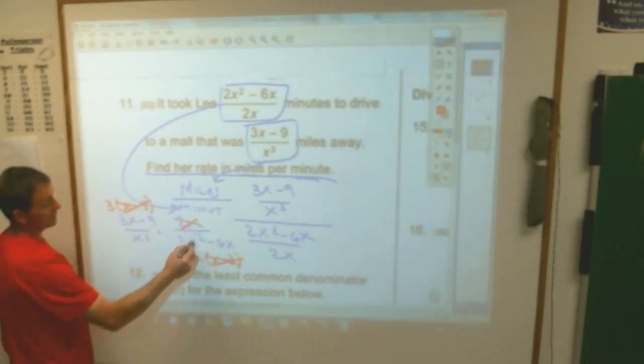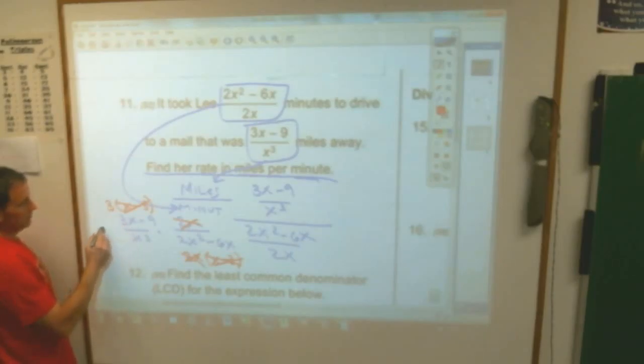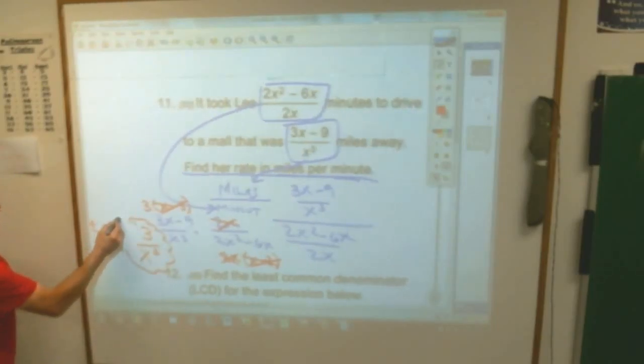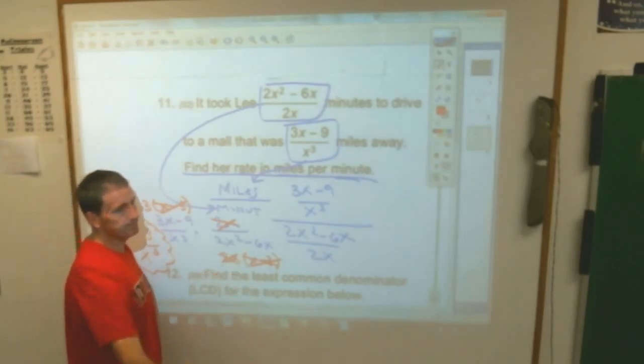These two x's cross off. And it looks like you're left with 3 over x cubed. Did I miss something? Don't let all the gobbledygook confuse you. It's just there.